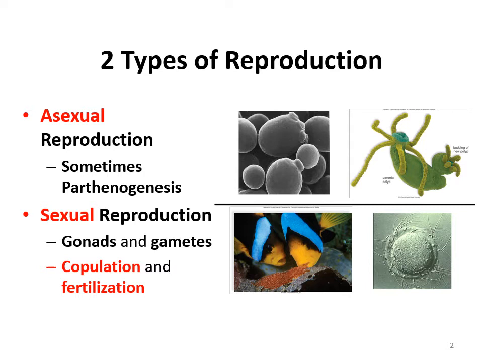You see that with some plants, nematodes, and some fish, but it's not the most common type of replication. When you think of asexual reproduction, I mainly want you to think of yeast and bacteria as two big examples.